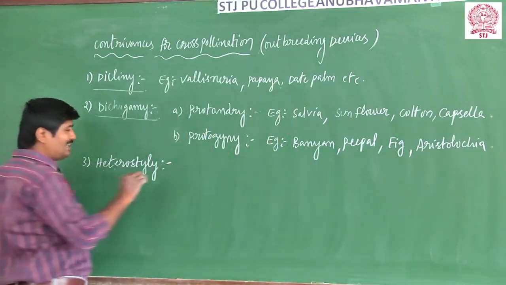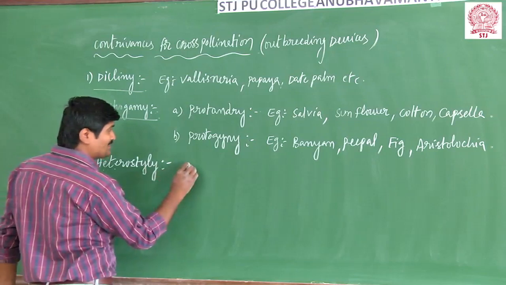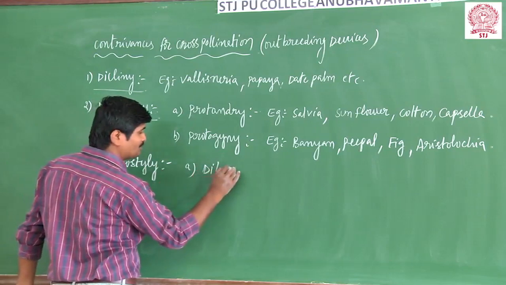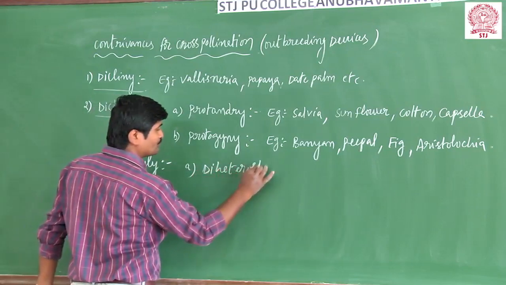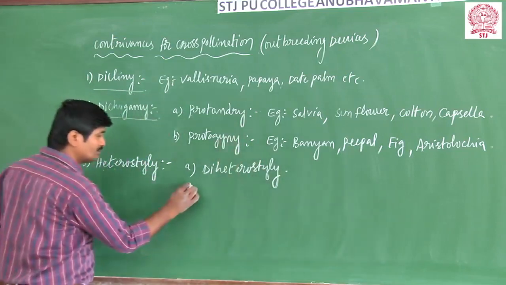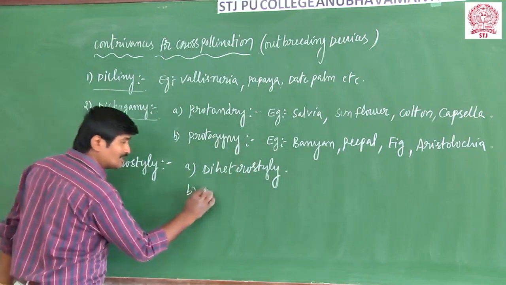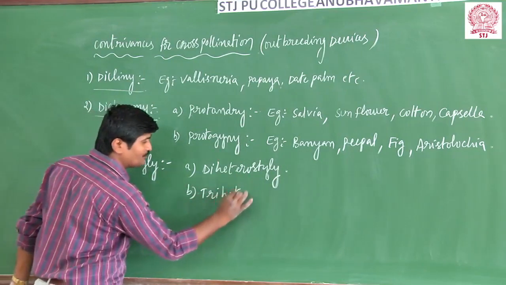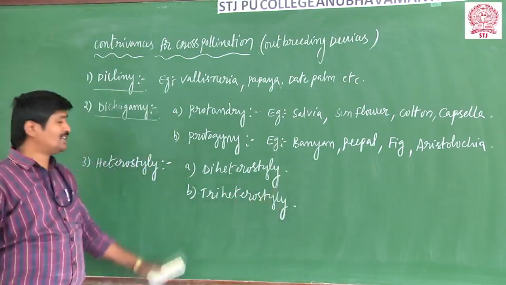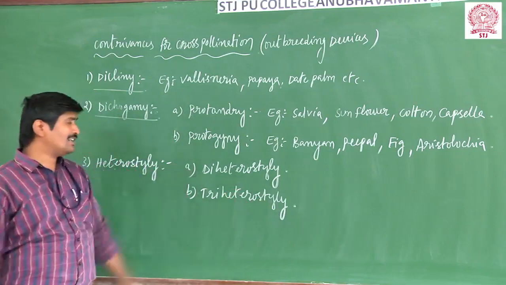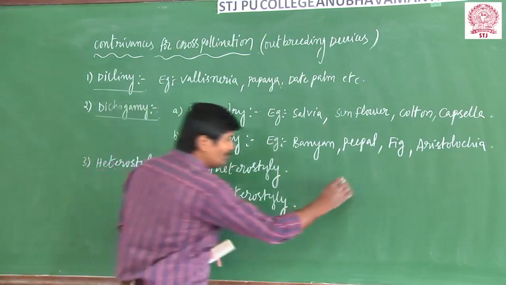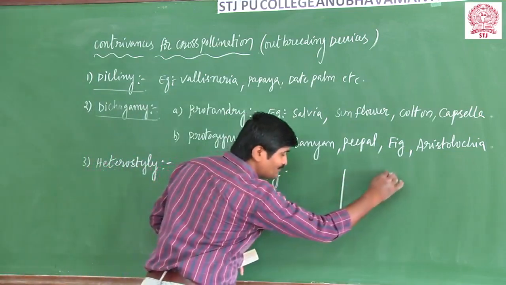Again here, heterostyly is of two types. One is distyly, the other is tristyly. Distyly means di means two. So here, for example, this is one flower.